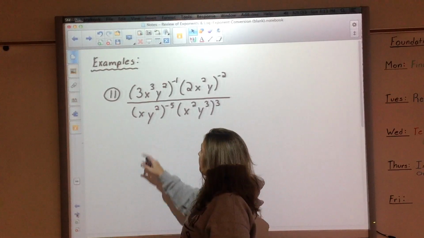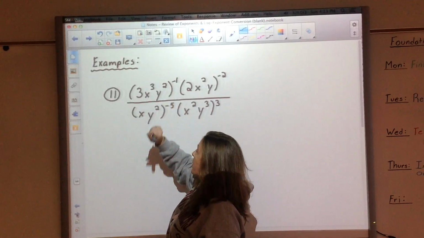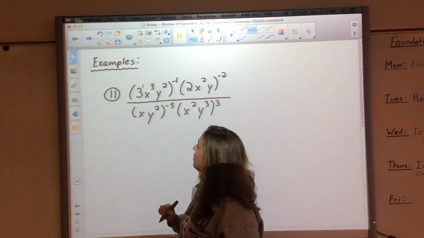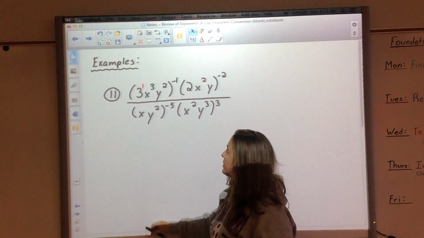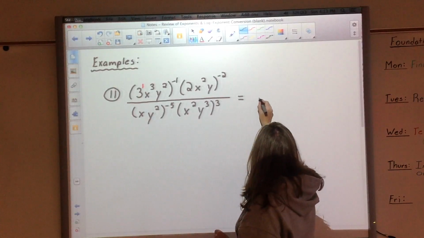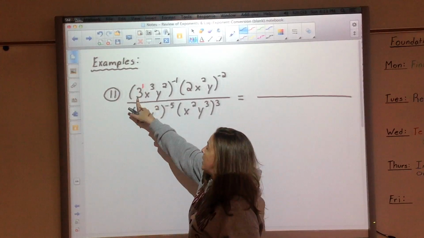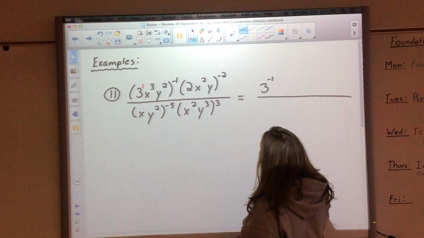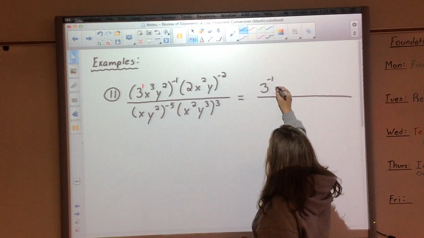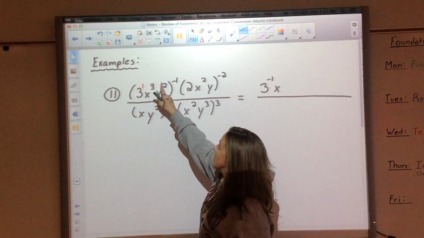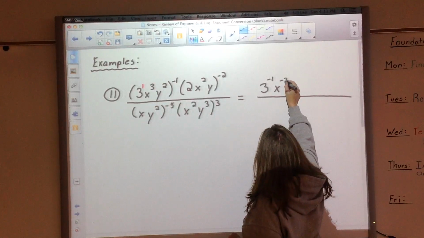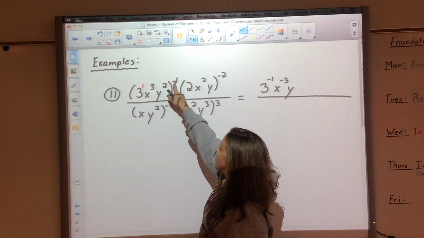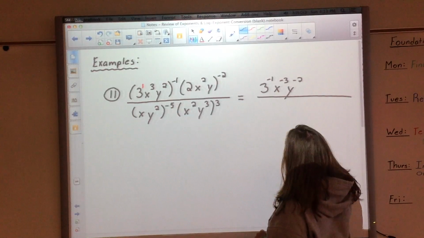So we'll start with everything here to the 1st power, including the 3, because remember, there's an understood 1 on that 3. So this is going to give us, on the top, 3 to the 1 times negative 1 is negative 1. Then we have our x to the 3 times negative 1 is negative 3. Then we have y to the 2 times negative 1 is negative 2.